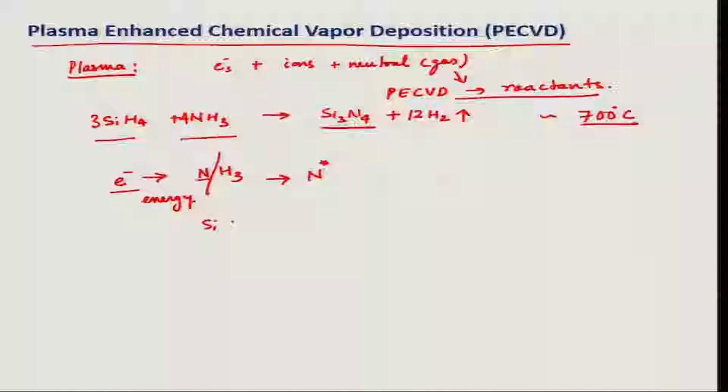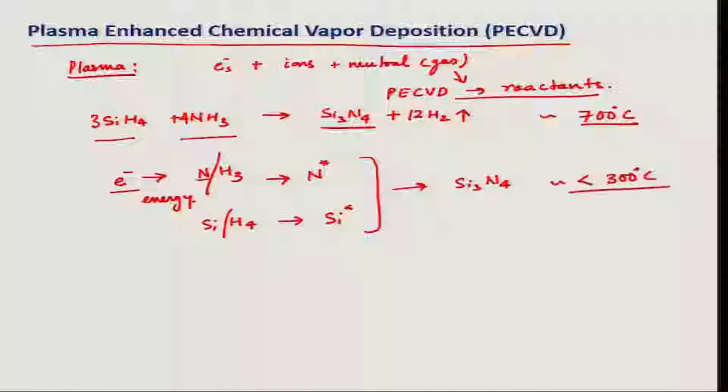Okay. Similarly, for silane, these bonds will be broken and it will give you silicon in excited state. So, these are within the plasma which will react to give you silicon nitride at temperatures below 300 degrees C. Okay. And to some extent you can have this reaction even very close to 50 degrees C. Okay. So, plasma helps in reducing the temperature required for this chemical reaction.